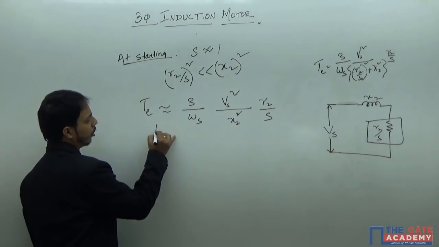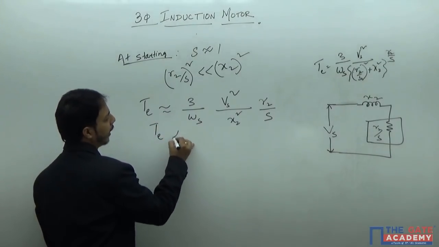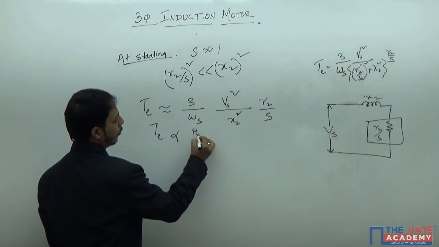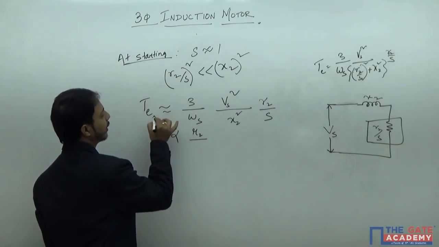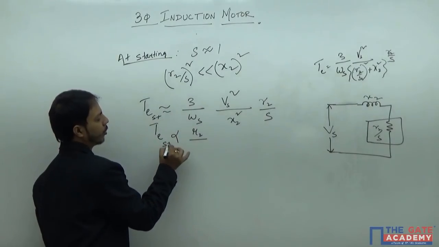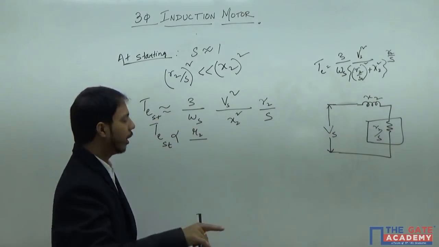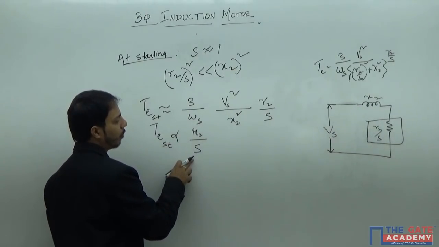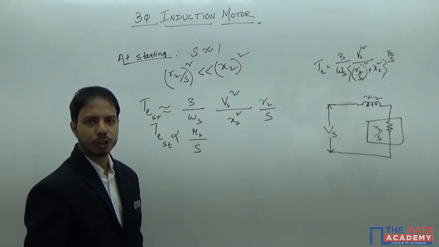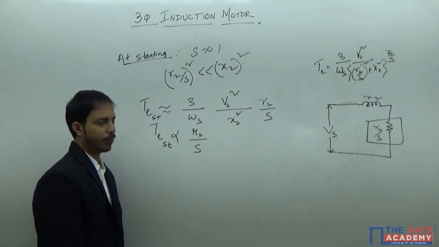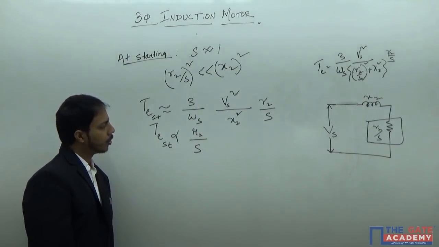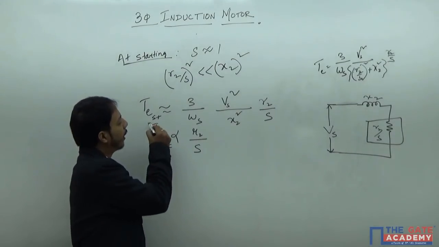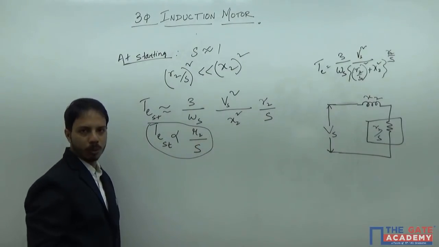So from here we can see that my torque is directly proportional to R2. This is at the time of starting. So we can say the starting torque is inversely proportional to the slip and directly proportional to R2. That is the reason, if the rotor resistance is more, my starting torque will be more.